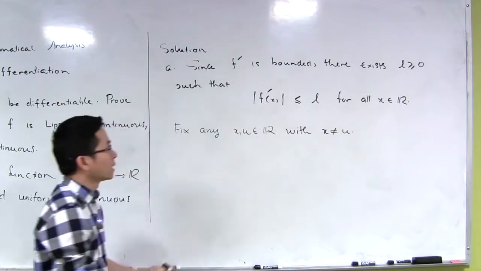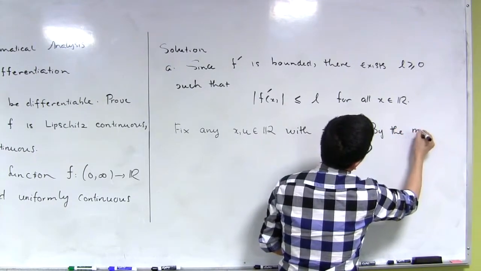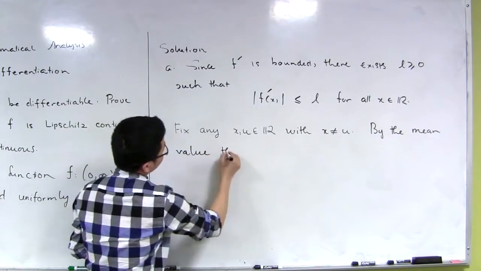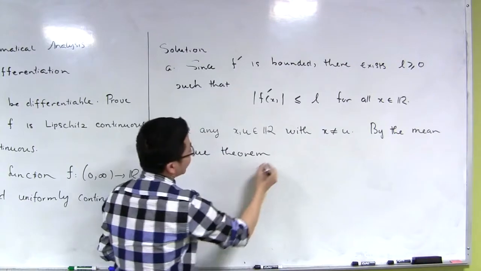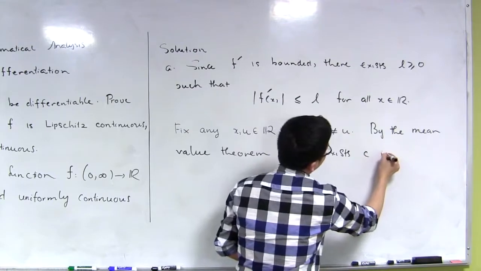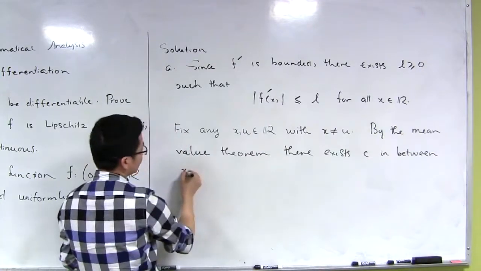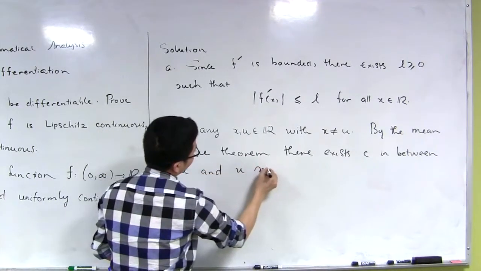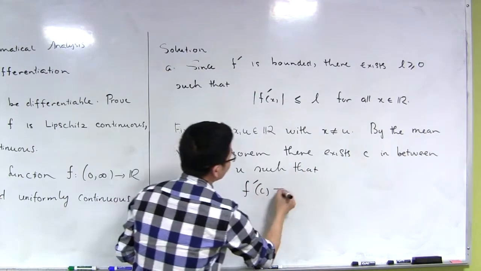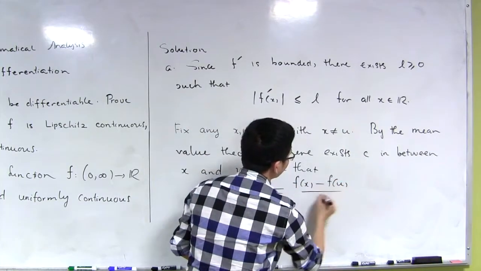By the mean value theorem, there exists some c in between x and u such that the derivative of the function f at c is equal to f of x minus f of u over x minus u.